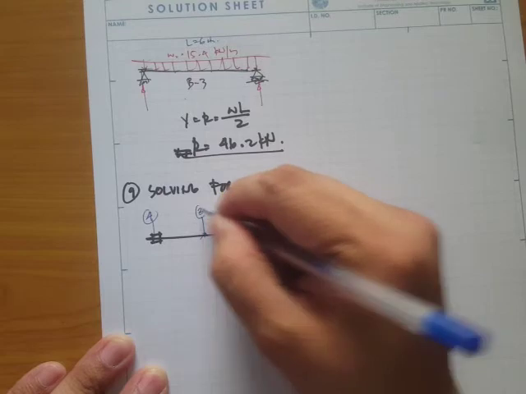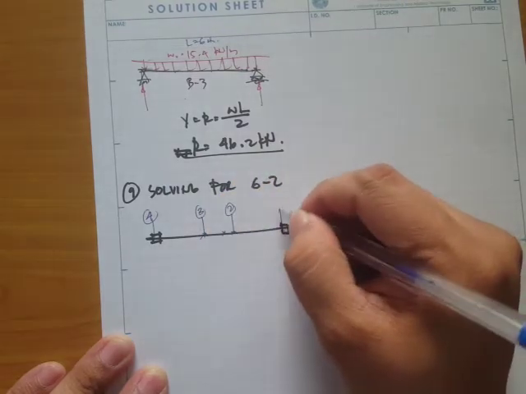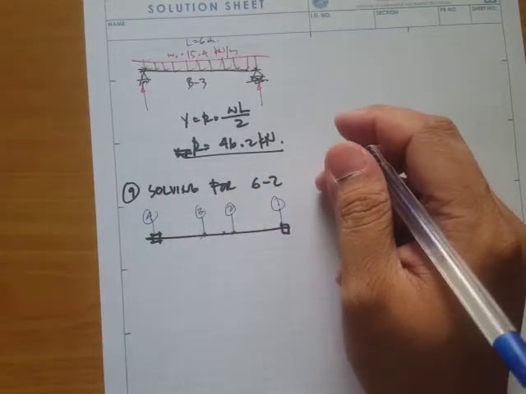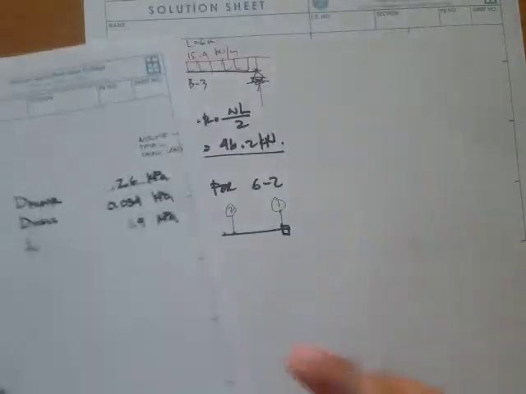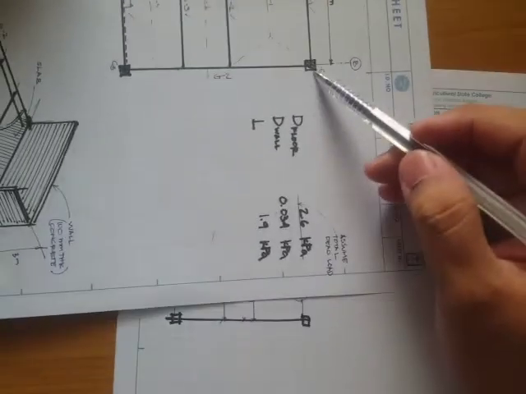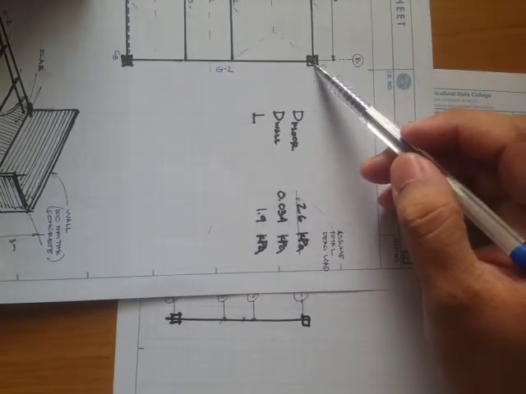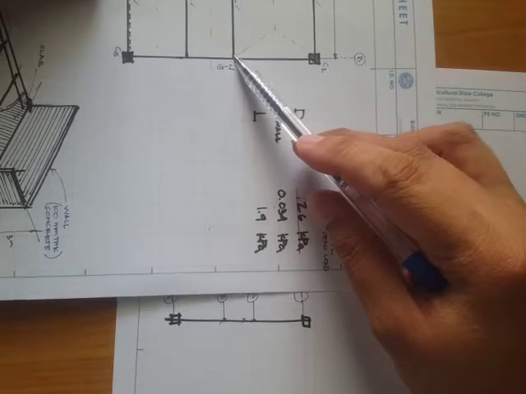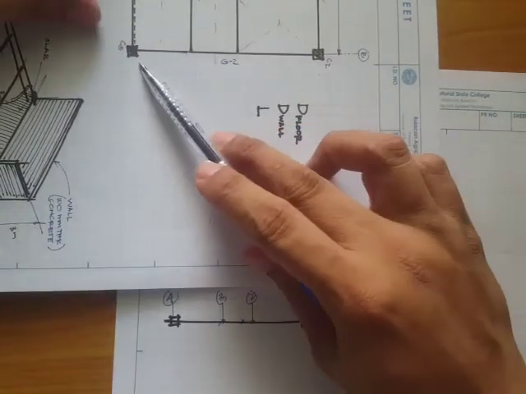Okay, so this is what I'm trying to draw here. So this is 1, balloon number 1, balloon number 2, then balloon number 3, and then 4.